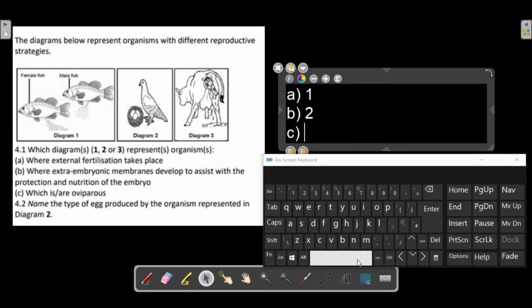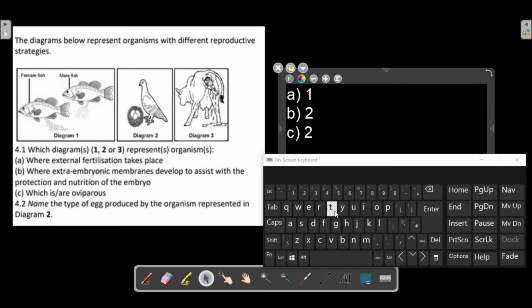So oviparous, that will be diagram 2. It will have eggs growing outside the body. Actually, diagram 1 and 2, I think. Oh yeah, it's diagram 2, guys. It should be diagram 2.